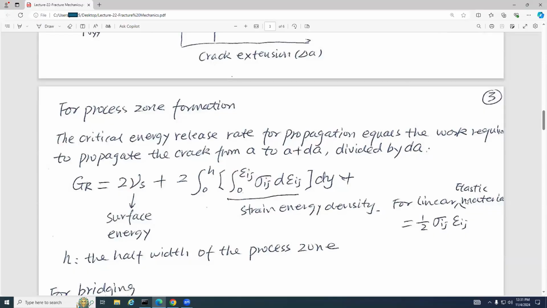So we know that for linear elastic material, the strain energy density can be written as 1/2 sigma ij epsilon ij. I appears twice, right? I is a dummy, and J appears twice also, and J is a dummy. I told you guys, dummy means summation. So you need to do the summation. For 3D, I goes from 1, 2, 3, and J also goes from 1, 2, 3.